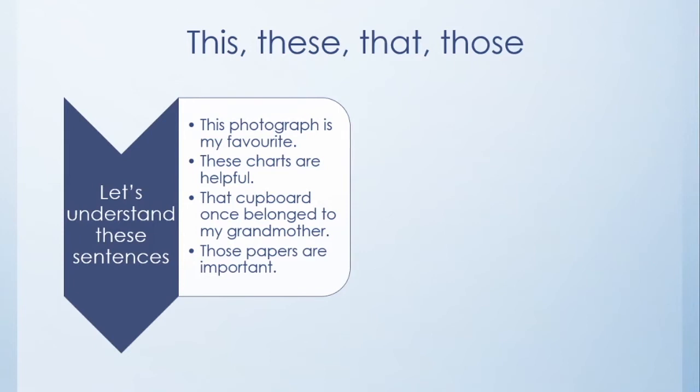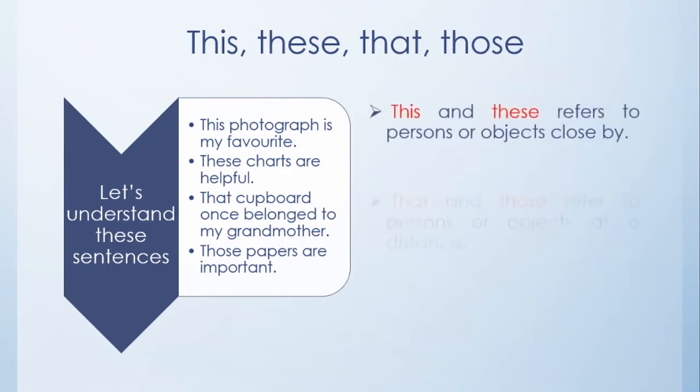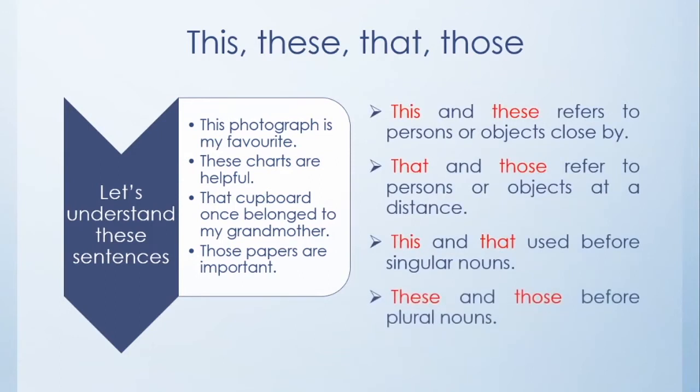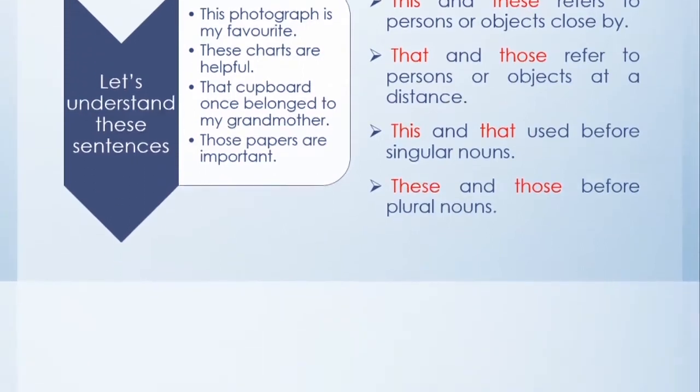That cupboard once belonged to my grandmother. Those papers are important. Like this and these, that and those also refer to objects which are at a distance. This and that are used before singular nouns and these and those before plural nouns.